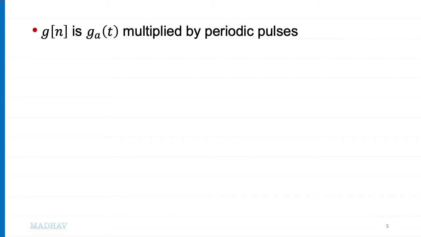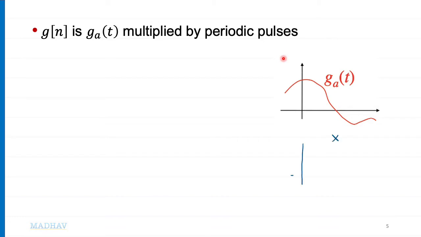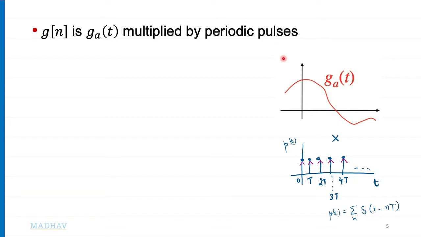So let's see how my signal changes. So my g[n] is simply, we can call, g_a(t) multiplied by periodic pulses. Let's say this is my g_a(t), and I multiply it with periodic pulses. And now what is p(t)? p(t) is basically the summation of delta(t minus nT).